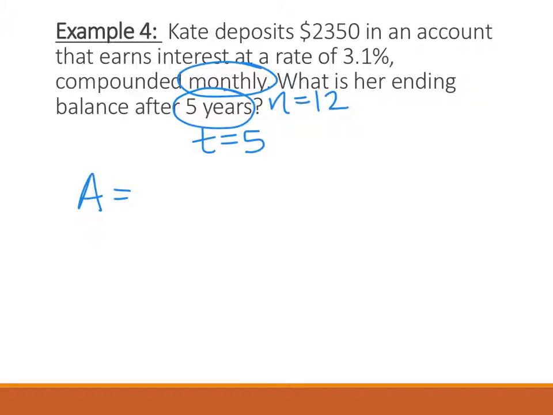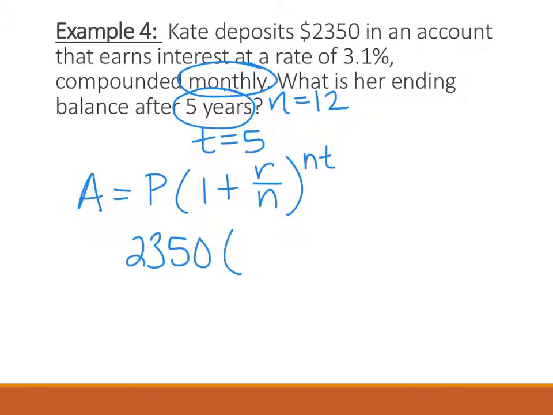We're going to take the principal, multiply it to 1 plus the interest rate divided by the number of times the interest is compounded per year, and raise that to the nt power. Our principal will be $2,350. Our interest rate is 3.1%, or 0.031, written as a decimal. N is 12, which we write twice in the formula, and t is 5.